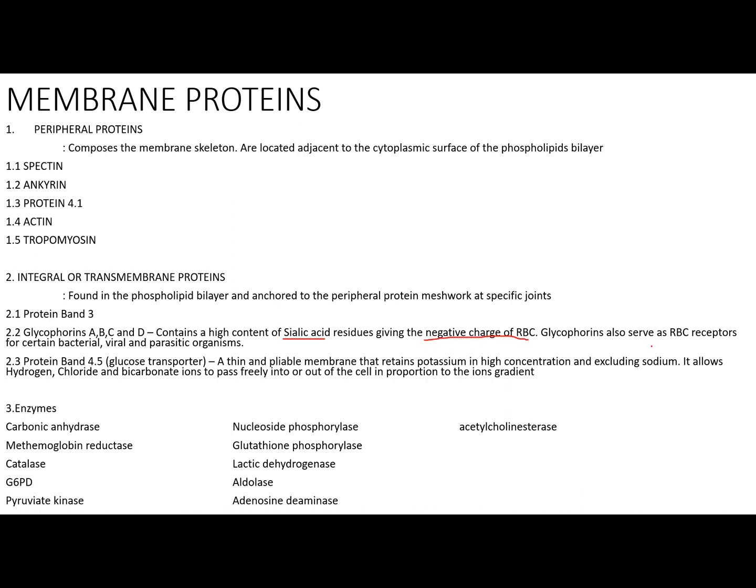Glycophorins would also serve as RBC receptors for certain bacterial, viral, and parasitic organisms. Okay, here's what you need to remember here, class. Meron tayong tinatawag na sialic acid. Itong sialic acid na to, class, comes from glycophorins A, B, C, and D.